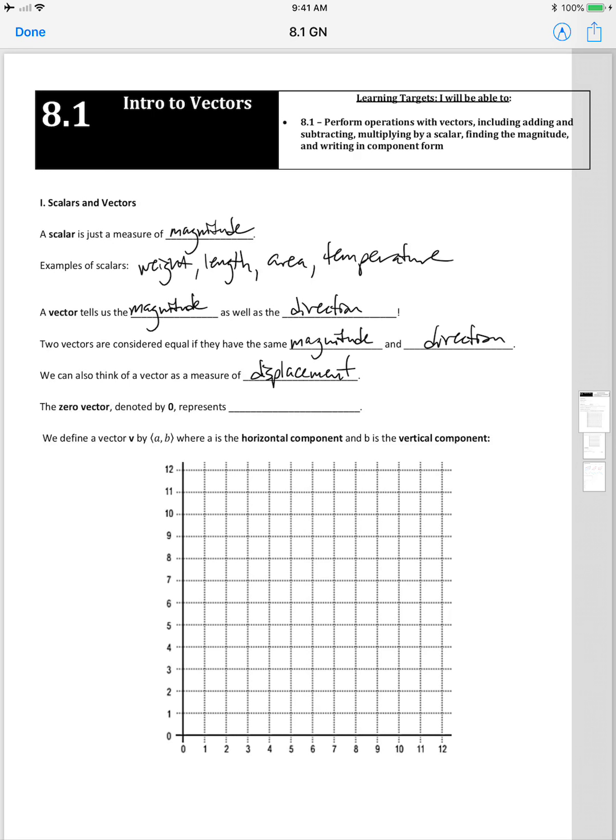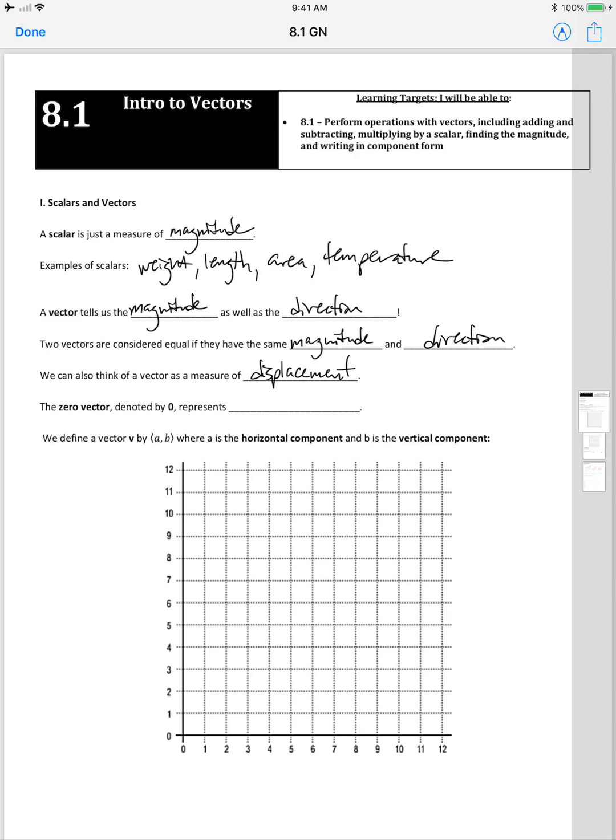So if I'm talking about a velocity, which is both speed and a direction, I'm talking about my total displacement. If I'm traveling at 75 miles an hour going north on the freeway, then my total displacement is going to be where I started and then where I ended. That's my displacement.